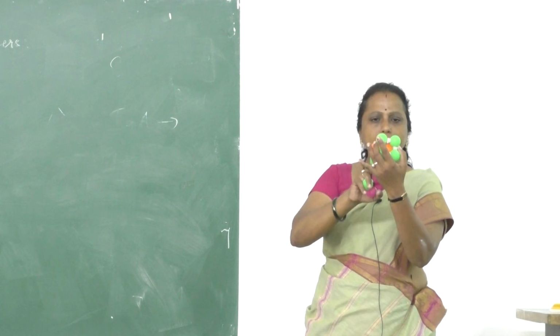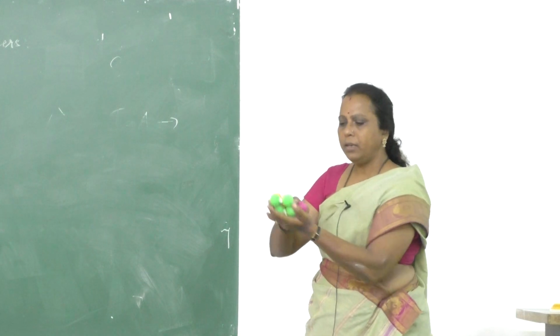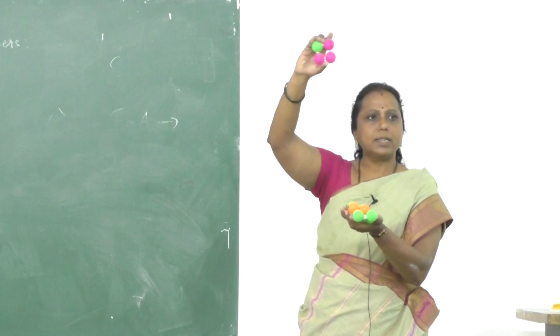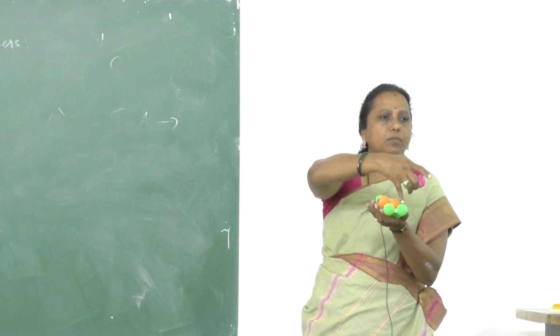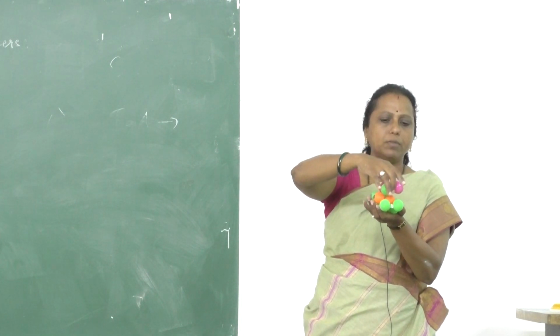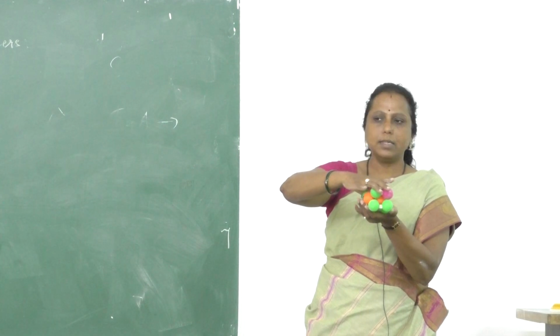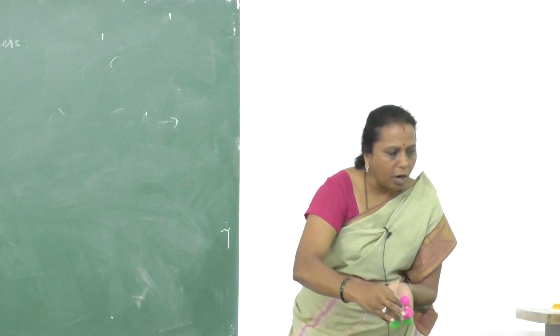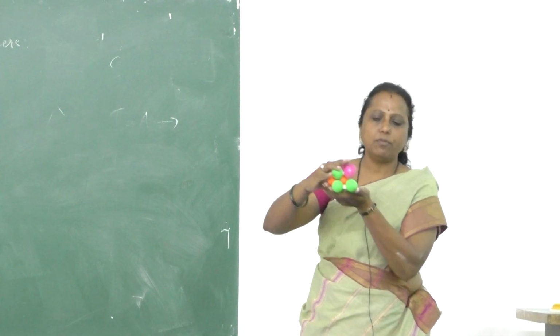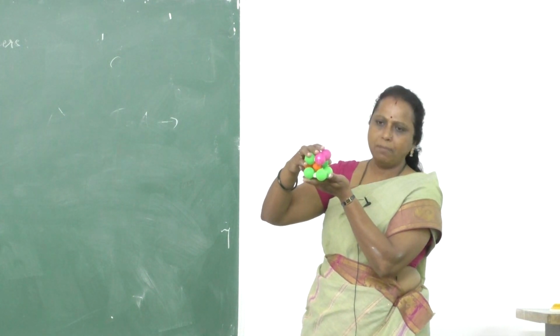You can see, right? I am placing the third layer in such a way that the spheres of the third layer fall on the spheres of the first layer. See, this is the kind of packing. Again, the fourth layer, I place on the void. See, first and third are the same.